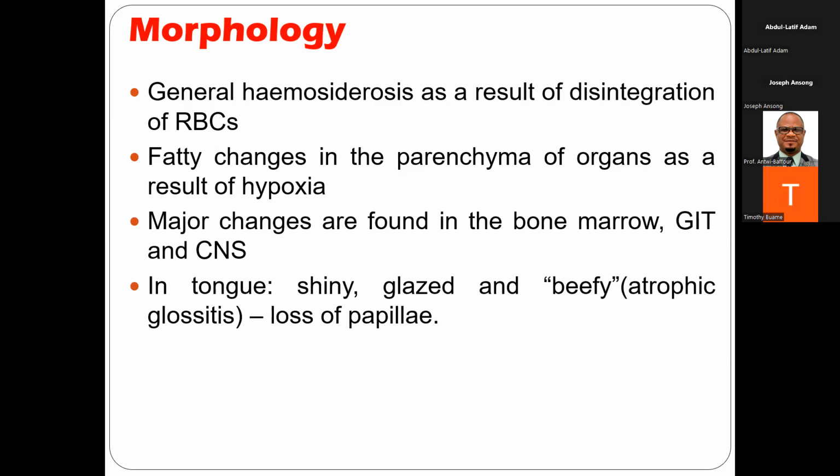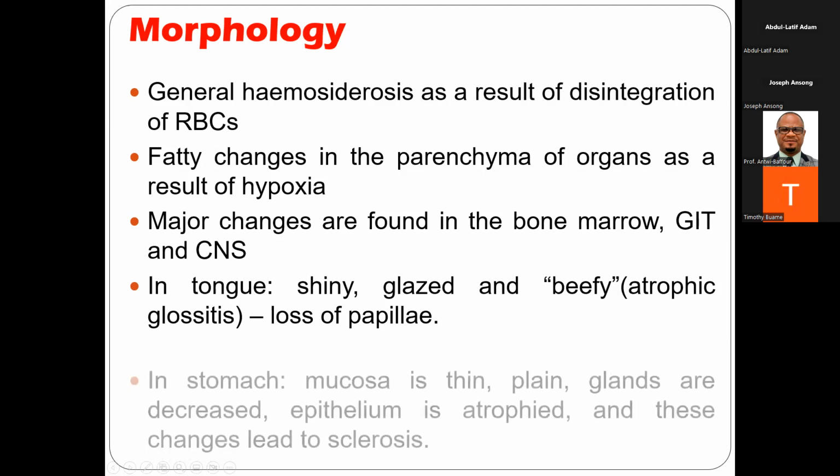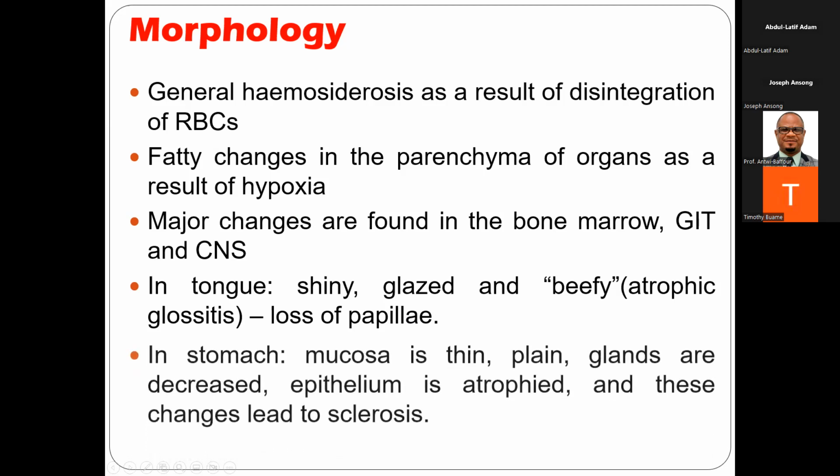And there are major changes in the bone marrow, GI tract, and nervous system. The tongue becomes shiny, raised, and beefy, because there's atrophy of the papillae. The invaginations on the tongue are missing. And then in the stomach, the mucosa is thin.